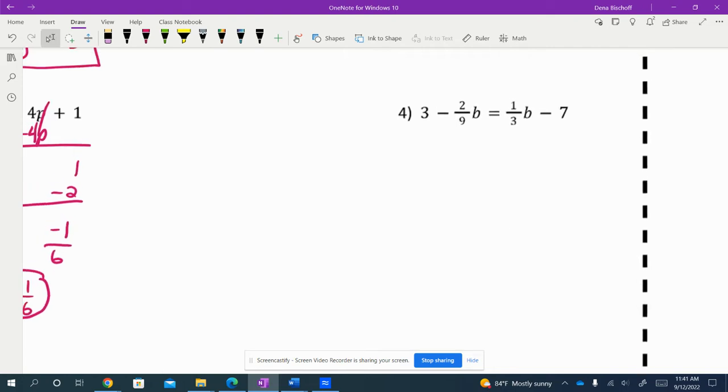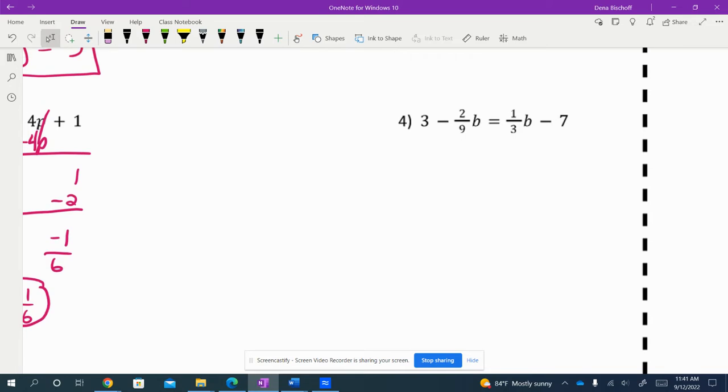Okay, this one has fractions in it. Yuck. So, can I teach you guys a trick? Knowledge is power. Do you like fractions? No. Okay.